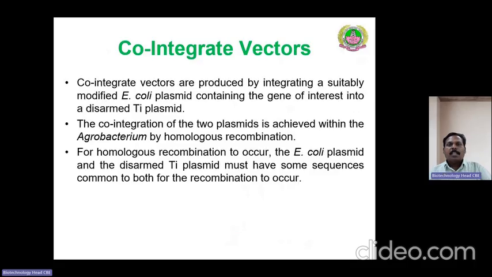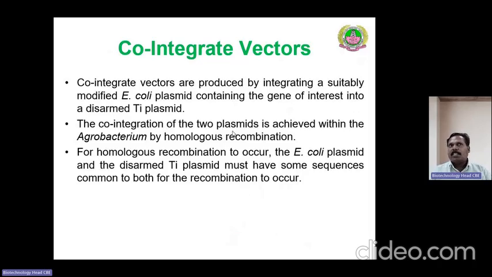The second strategy for solving the problem of the larger size of the plasmid, as well as plants not naturally having plasmids, is through the co-integrate vector strategy. Co-integrate vectors are produced by integrating suitably modified E. coli plasmids, which contain the gene of interest, into a disarmed plasmid.